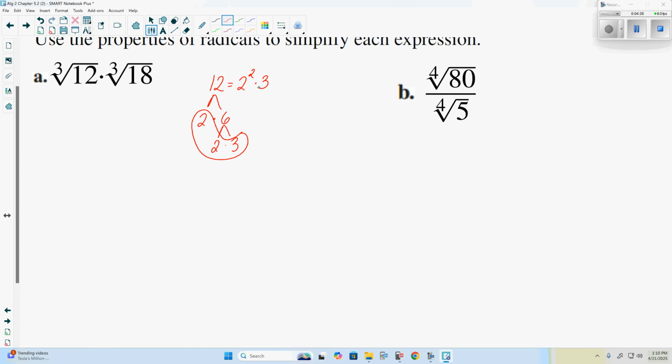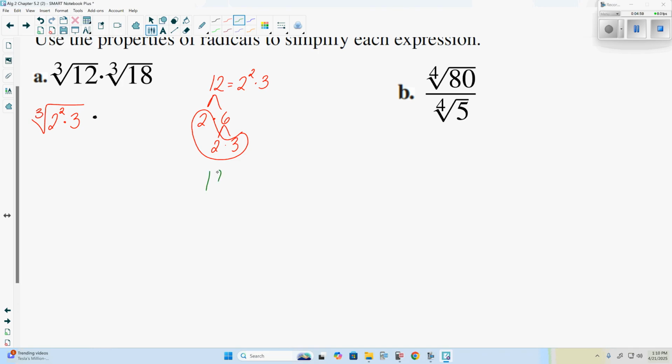We'll write that in here. Well, we can't take the cubed root of 2 squared because, again, we need something times itself 3 times. That doesn't work. We only have 2 2's. 3, we only have 1. So we can't simplify anything with that there.